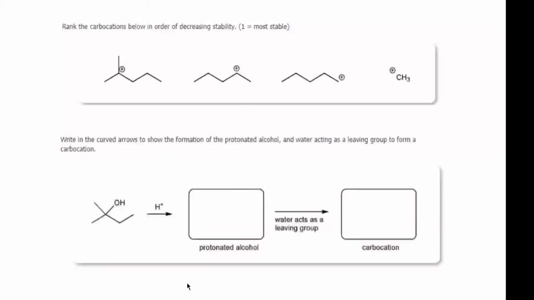With the SN2, you can tell it's an SN2 because it's a secondary alcohol, the stereochemistry switches, and the chiral centers invert. The chiral center inverting and the stereochemistry switching are the same thing.